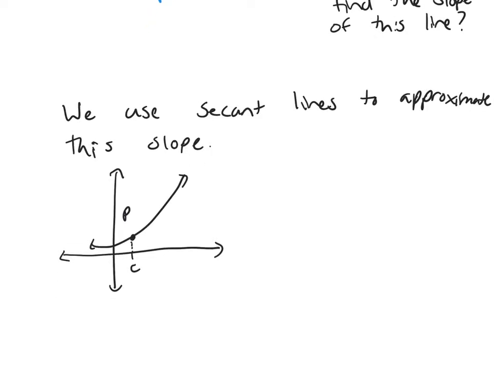So P would be the point c, f of c. And then I'm going to take another point on this curve here, but I'm going to take it pretty close to P. And I'm going to form the line through these two points here.